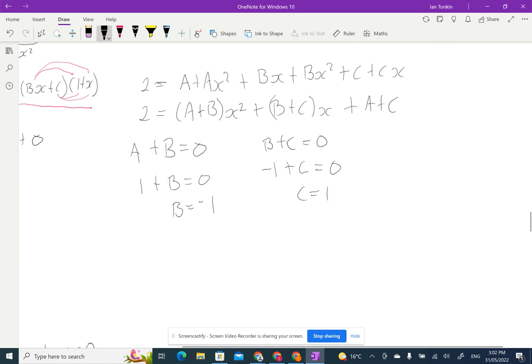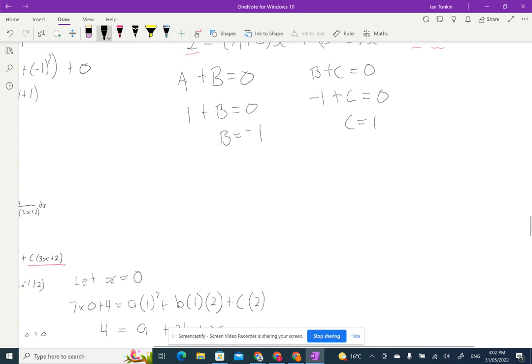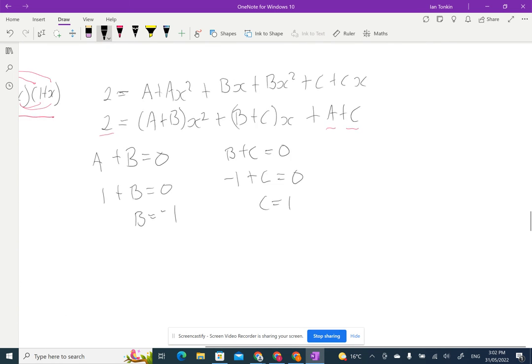And if you really wanted to check, you just go, well, a is 1 and c is 1. 1 plus 1 is 2, and that corresponds with that over there. So great. Now, therefore, we want to integrate.